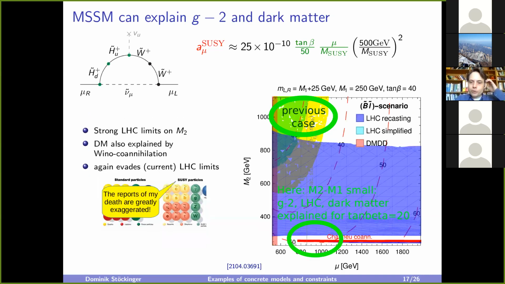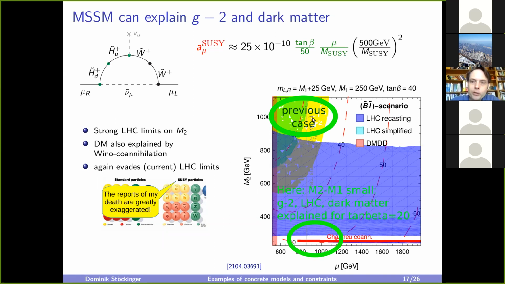Let me, however, show you also this plot in order to avoid an uneasy feeling. So what about the LHC? Indeed, the LHC excludes a lot. The LHC excludes, however, mainly the gaugino mass M2. So here we plot the parameter space of the gaugino mass M2, where the Bino mass from before is now fixed to some value, 250 GeV.